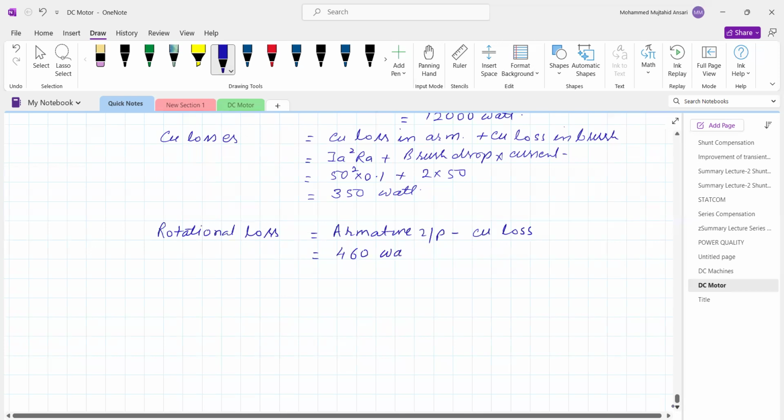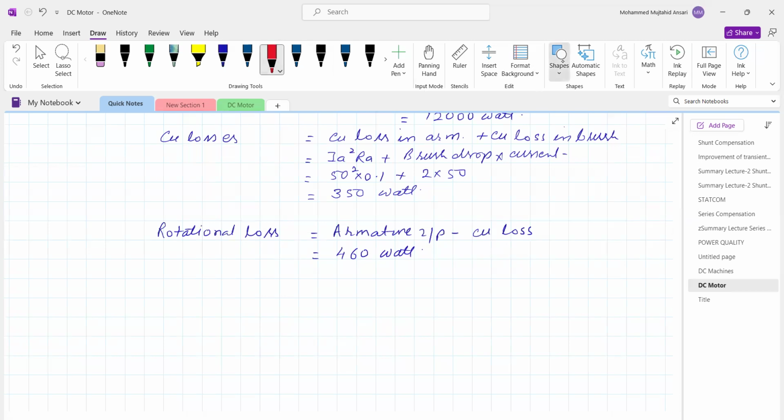If you put in the values, you get 460 watt. So this is the rotational losses we wanted to calculate.